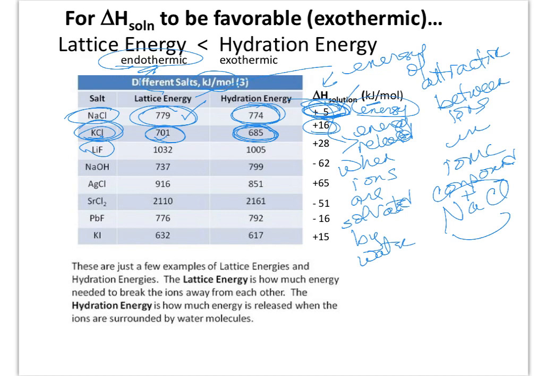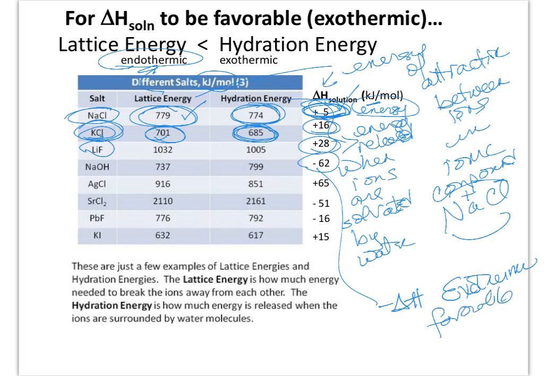And lithium fluoride is going to be even less likely. Remember that a negative delta H means exothermic, which is favorable. Sodium hydroxide is very, very soluble in water. As a matter of fact, if you dissolve sodium hydroxide in water, the solution gets very, very hot. You actually have to be careful.